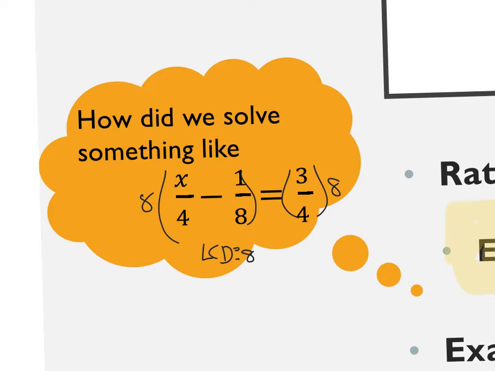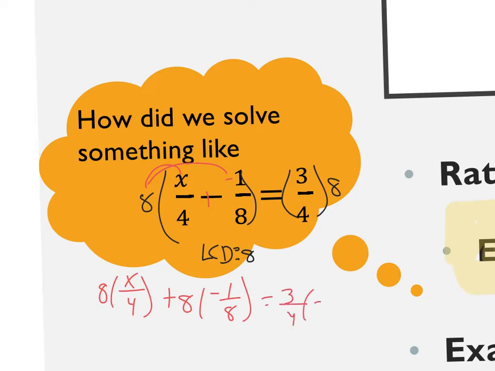When we multiply both sides by 8, it's like we're going to distribute the 8 to both terms in the parentheses. So 8 times x over 4, and I like to change it to plus negative so that I don't forget to distribute the negative. And then we have plus 8 times negative 1/8, and that equals 3/4 times 8.